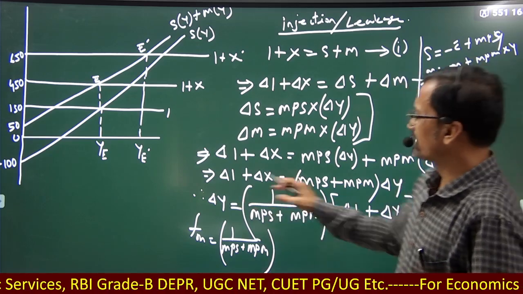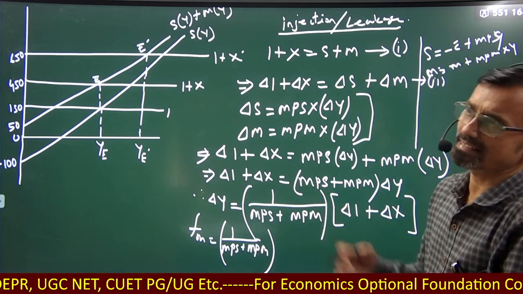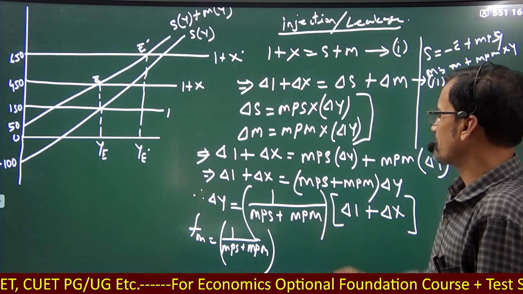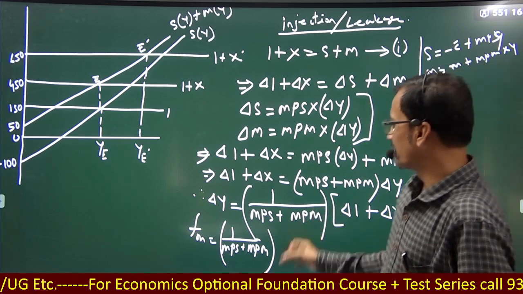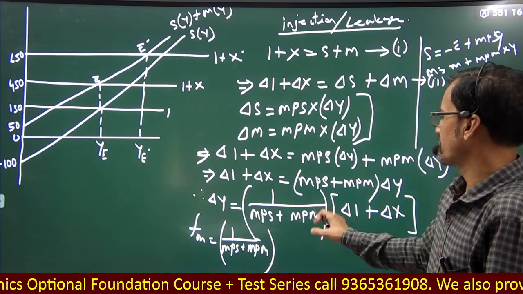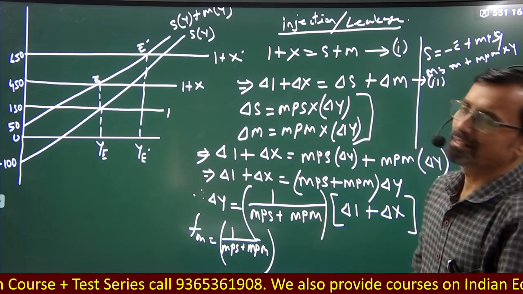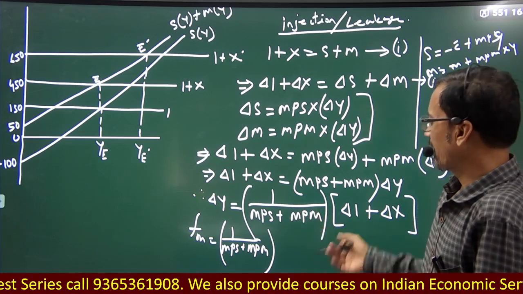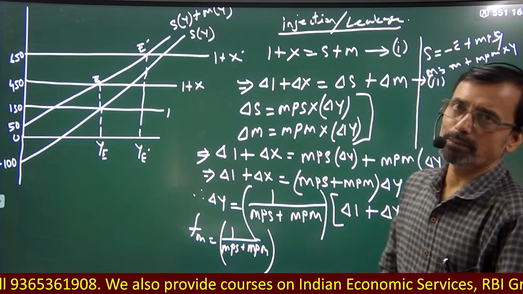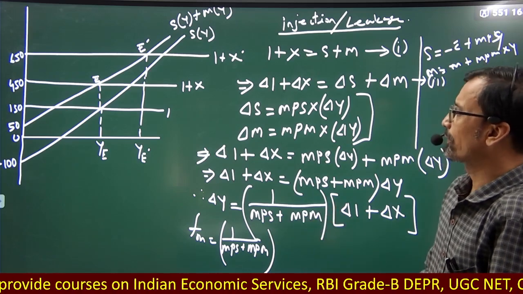And when there is a change in income, there will obviously be a change in savings as well as imports. So the higher the values of marginal propensity to save and marginal propensity to import, the lower the multiplier value. Again, the lower the values of MPS and MPM, the higher the foreign trade multiplier value.